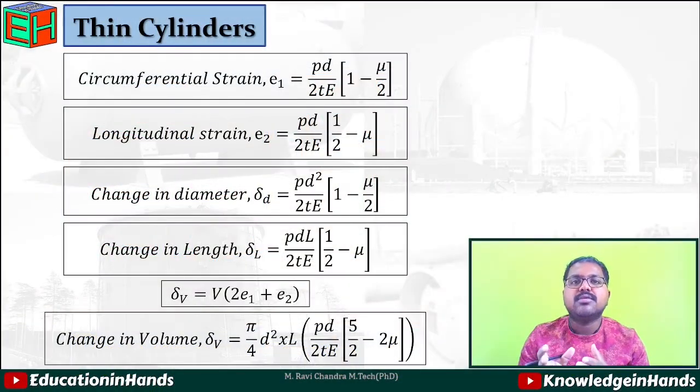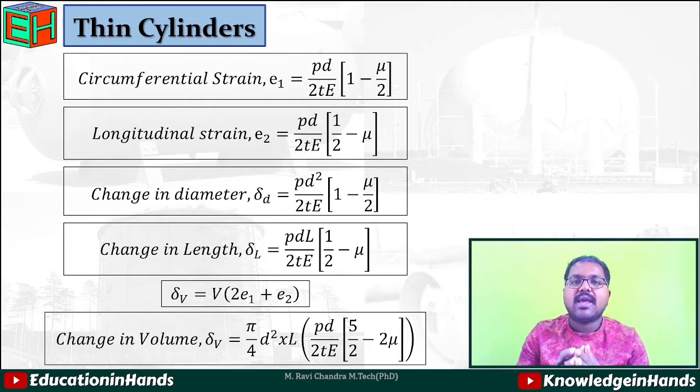In our last video, we derived some formulae regarding thin cylinders when subjected to internal pressure. Regarding hoop stress and circumferential stress, how circumferential strain and longitudinal strain are developed in the material, what those values are, as well as the change in dimensions like change in diameter, change in length, and change in volume, are derived like this.